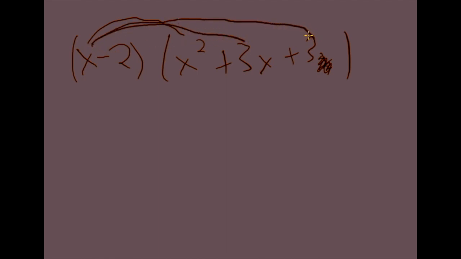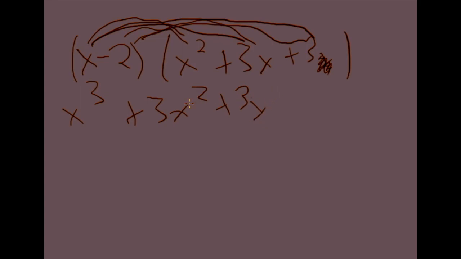So you're going to times these first and then these second, and then combine like terms. So we got x to the third, this times this, plus 3x squared, this times this, plus 3x, minus 2x squared, this times this, plus 6x, and then minus 6x, and then this last one's going to be minus 6.